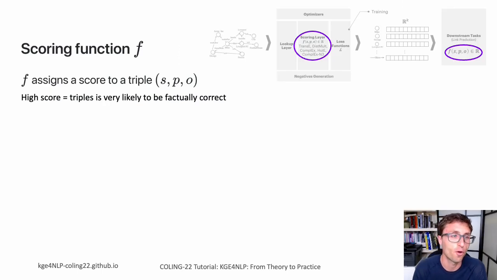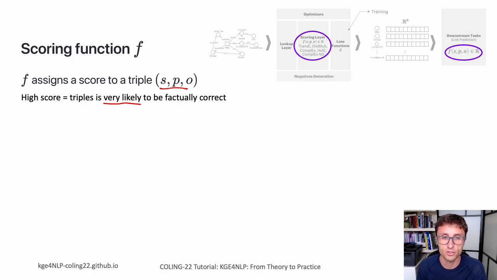We start from the so-called scoring function f, which is a very important component of a knowledge graph embedding model. Now, what is a scoring function? It is a function, an equation that assigns a score to a triple SPO. High scores mean that the triple is very likely to be factually correct, right?